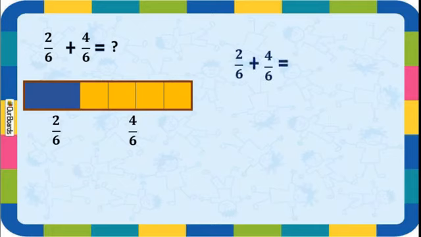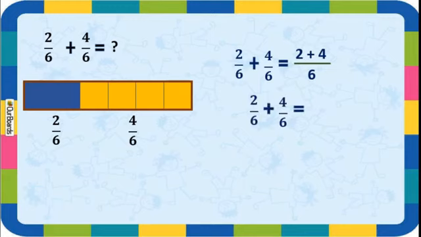Okay, we will write is equal to 2 plus 4, isn't it? 6 one time you are going to write in the denominator. Now our answer is 6 upon 6 because 4 plus 2 is 6, isn't it?